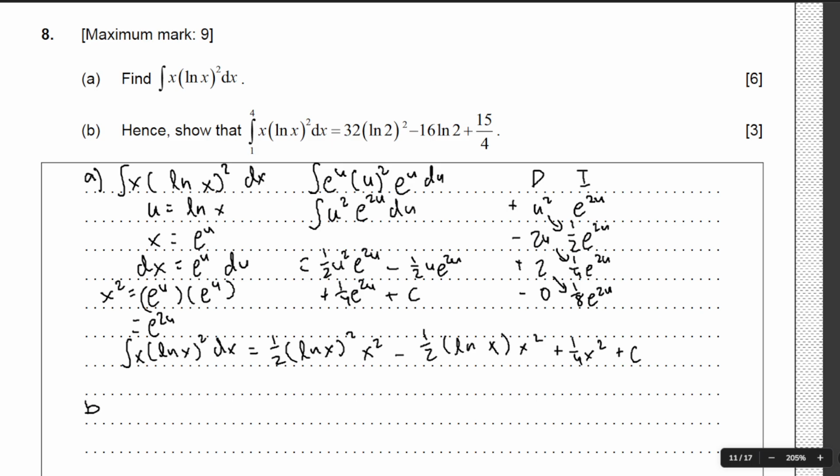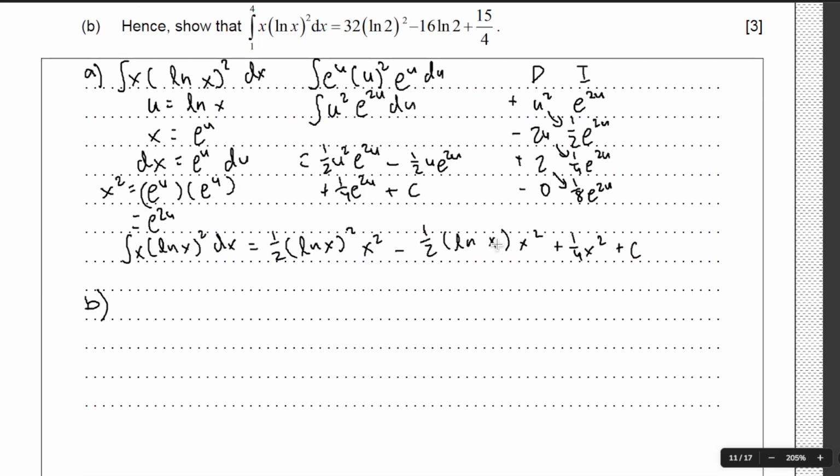For part b, we need to show that this definite integral is equal to this. Okay, so this is a lot easier. That's why it's only 3 marks, because we already have our indefinite integral of x (ln x) squared. Now we just have to apply our upper and lower boundary.